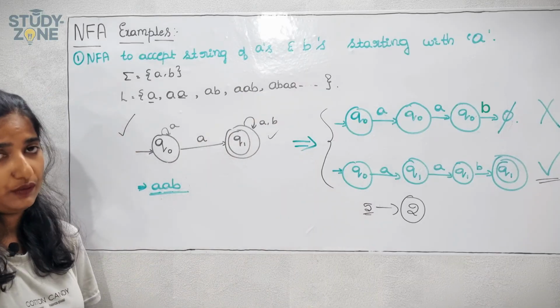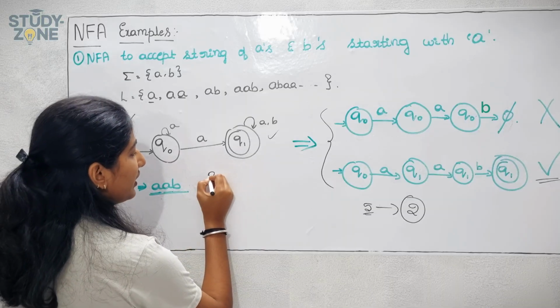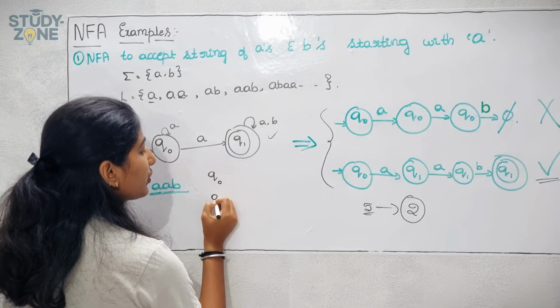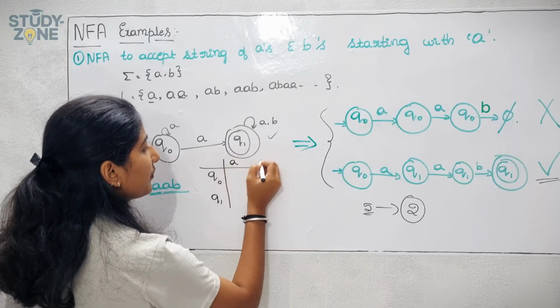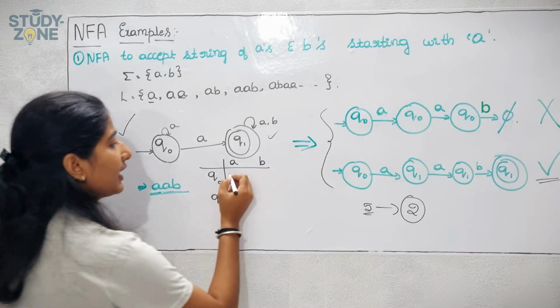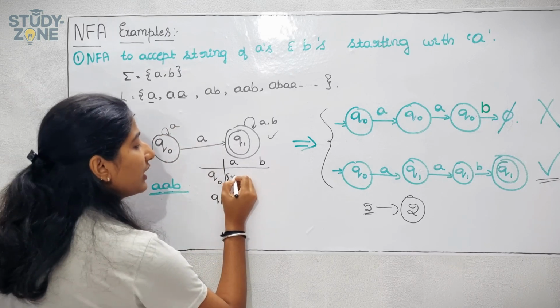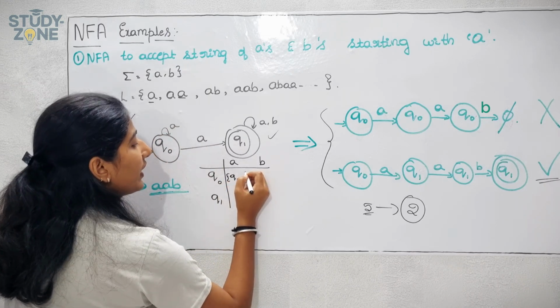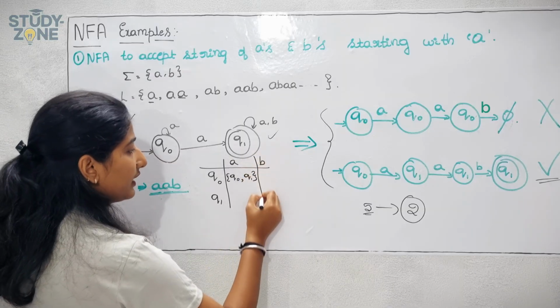Now you might get confused about how to write the transition table, right? So I will write the transition table here. We have Q0 and Q1 as the states and A, B as the input symbols. Now what I have to do is Q0 on A, it will be there in Q0 state also, and it will be moving to Q1 state also. We have to write it like this.